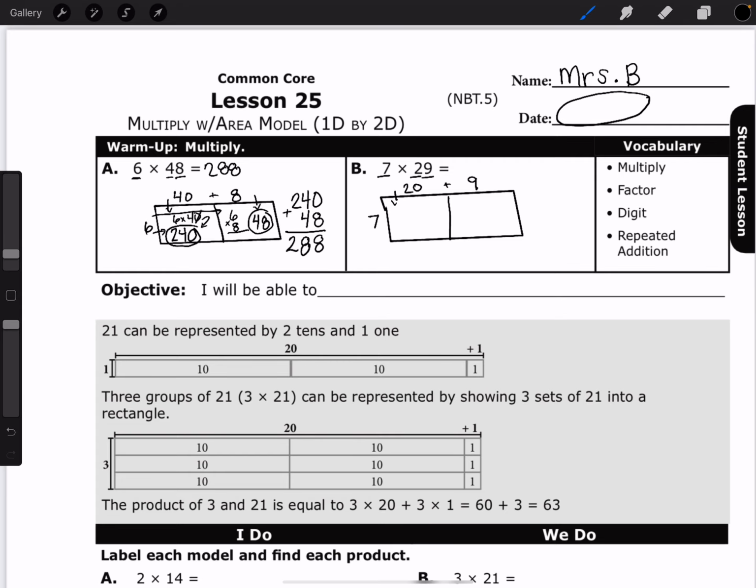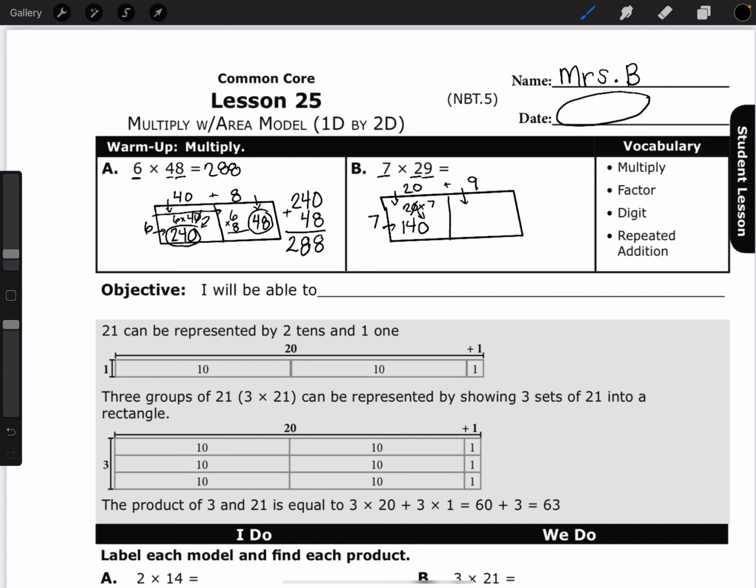And here we do 20 times 7. So we know that we can take that 0 away, and 7 times 2 is 14. But we need to place that 0 right back on there because it wasn't a 2, it was a 20. And that partial product is 140.